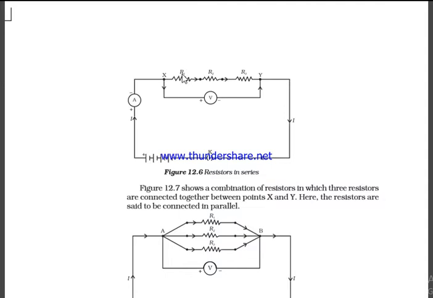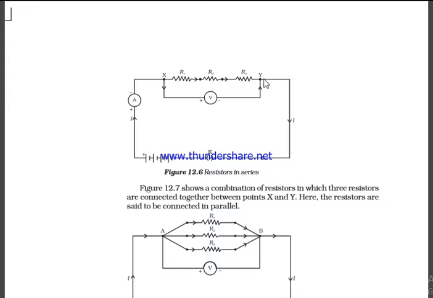Suppose you imagine three pipes of different thicknesses connected in series. What will happen? The amount of water that is flowing, suppose 10 liters of water is flowing in at this end in 1 second, the same amount will flow out through the second or third pipe.